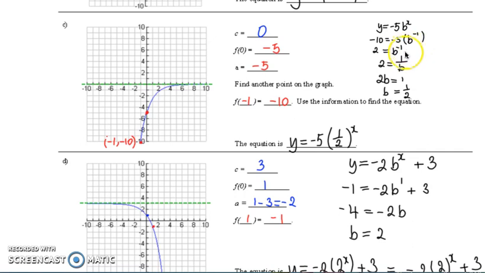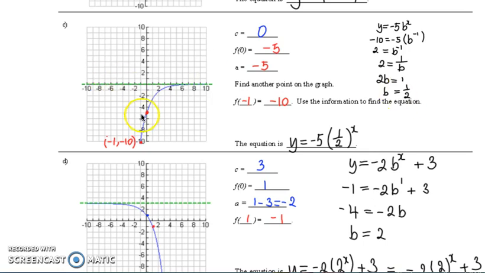And then I have to find the value of b. We know that b to the power of -1 is 1 over b. So solving for b, we may want to multiply b to the other side first, and then divide both sides by 2 to get b equals 1/2.